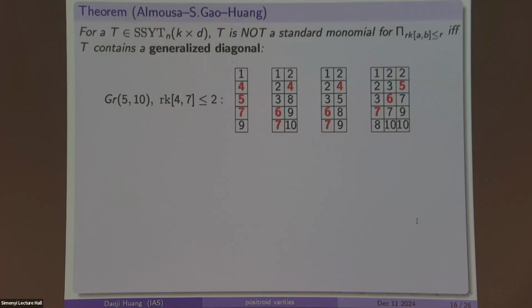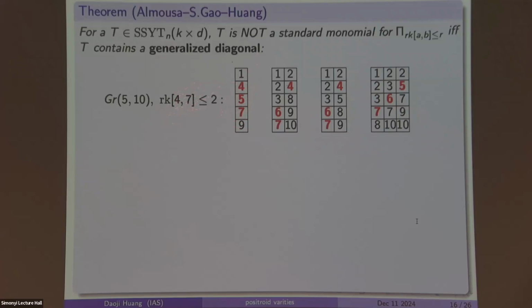My red numbers on the slides are generalized anti-diagonals. The values on the generalized anti-diagonal have to sit inside this interval.